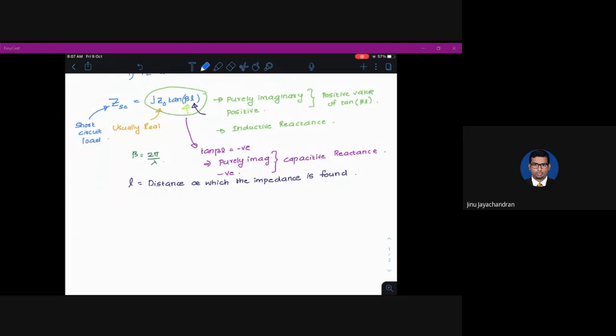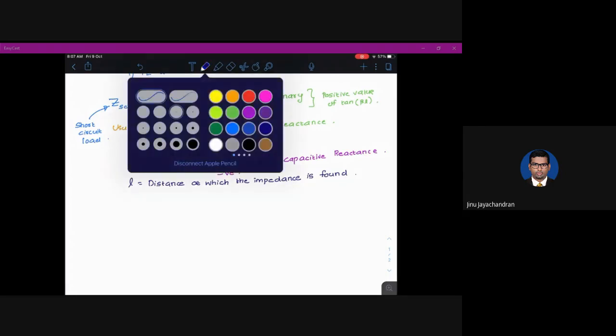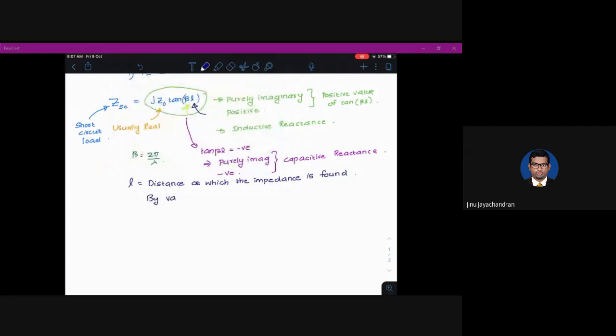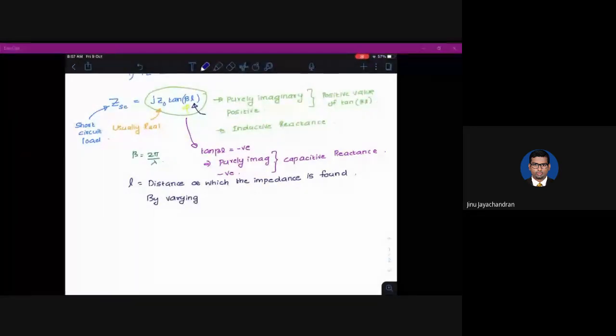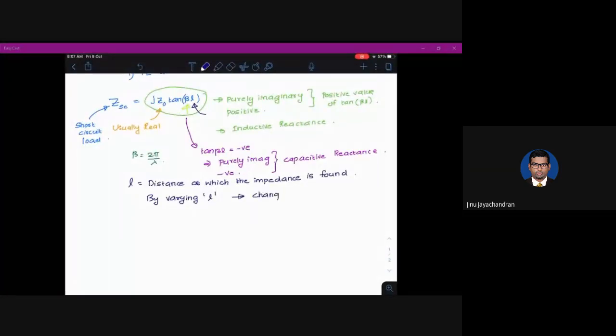Okay, so by varying l, that means as you travel along the transmission line, you can change the capacitance or inductance value.